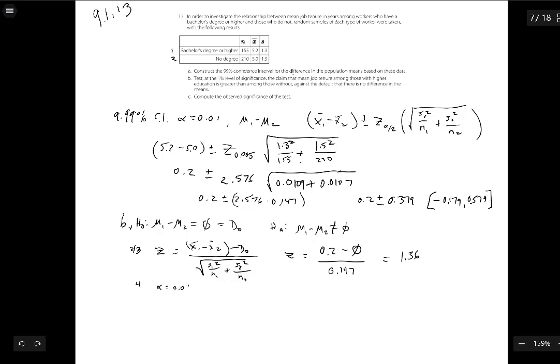So we're going to check to see if the Z that we just calculated is less than the Z at 0.01. And in this case, we need to be looking at, yeah, okay, this is where we are.